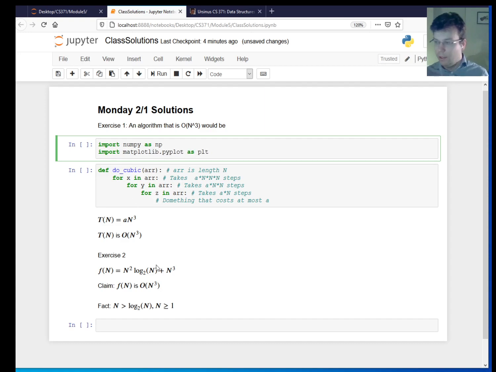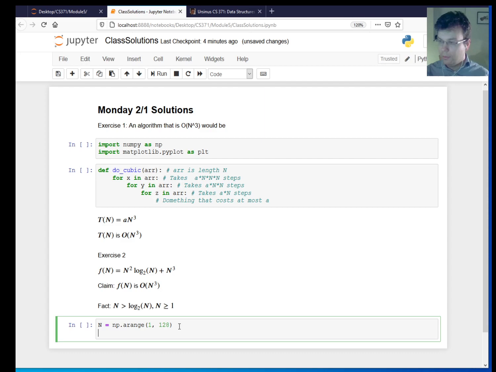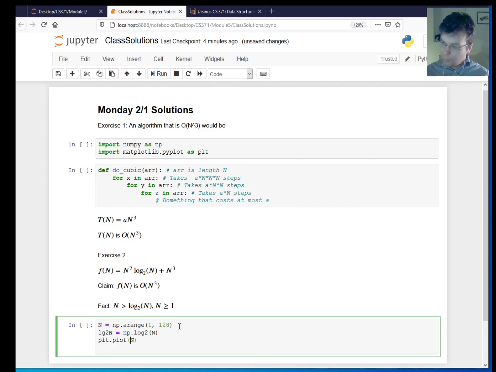I'm going to show you in the very next video how we rigorously prove this, but for now, what I'll say is n is equal to np.arange 1, let's say we'll go up to 128. And then I'll say lg2n is equal to np.log base 2 of n. I'll plot n by itself, and then I'll plot log base 2 of n.